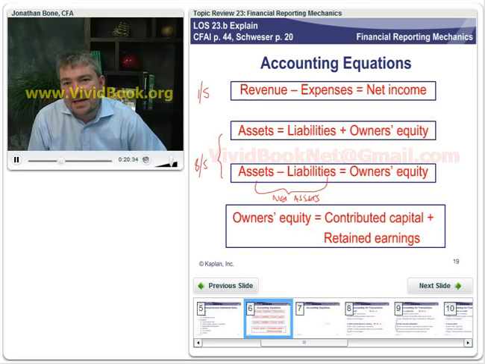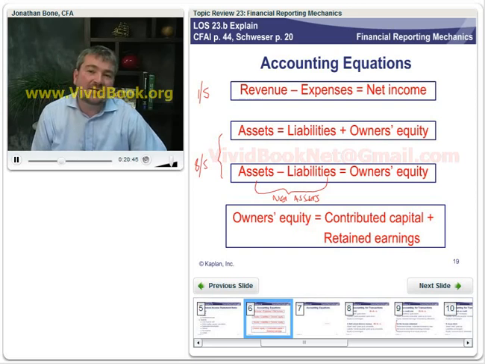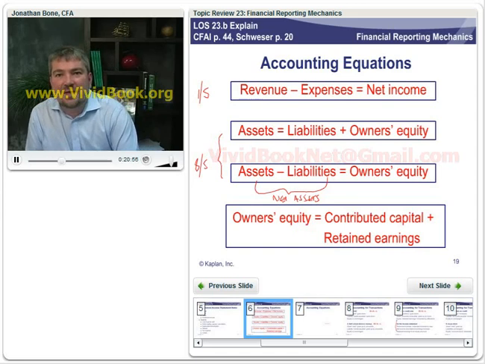Anything, by definition, that affects the income statement will affect retained earnings in the balance sheet. Why? Because we take net income at the end of the year, we pay out a dividend, anything that is not distributed gets transferred to retained earnings. So retained earnings increases each year by the earnings that haven't been distributed by way of a dividend. So anything that affects the income statement, therefore, will affect owner's equity.